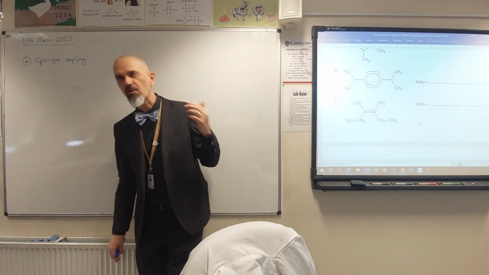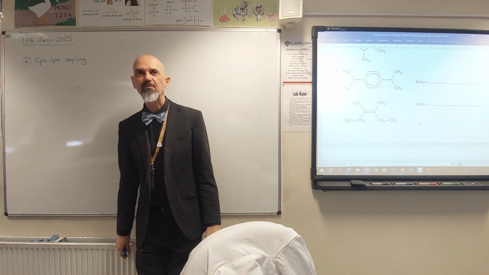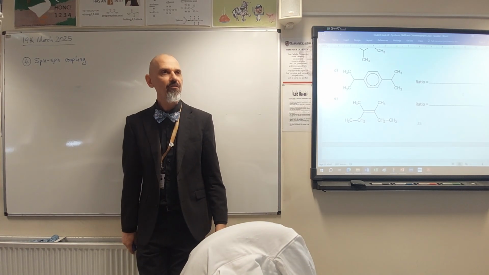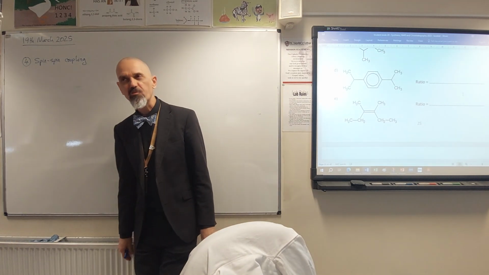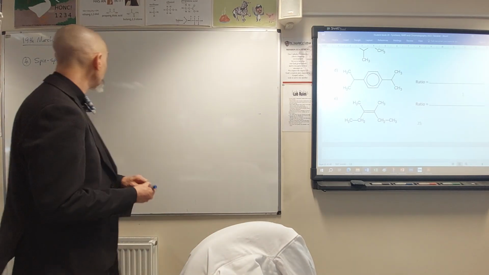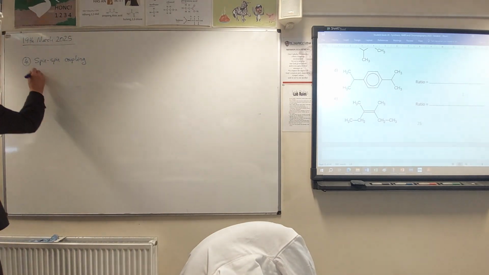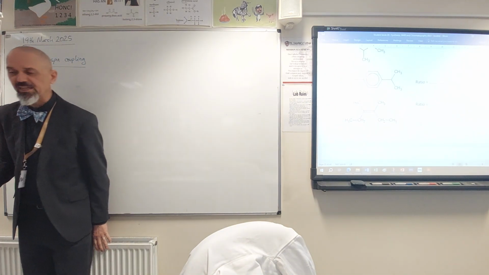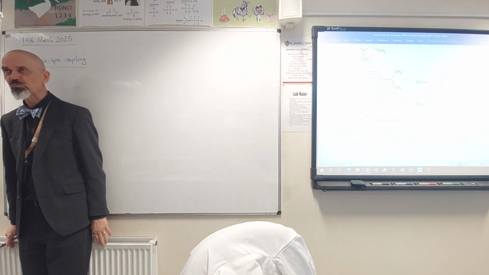And then remember that we're only talking about proton NMR now. And the last bit of information you get from proton NMR only is by far the most useful bit of information, but it can take a little bit of getting your head round. It's called spin-spin coupling or spin-spin splitting.